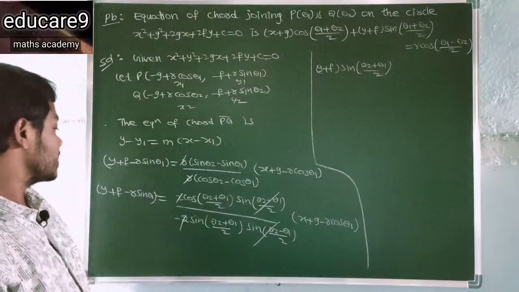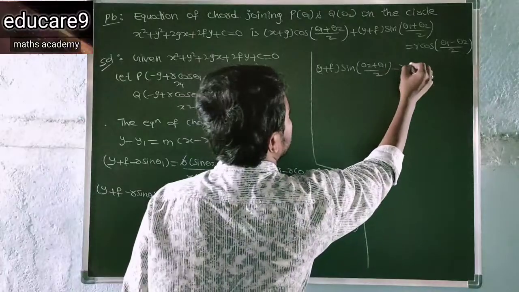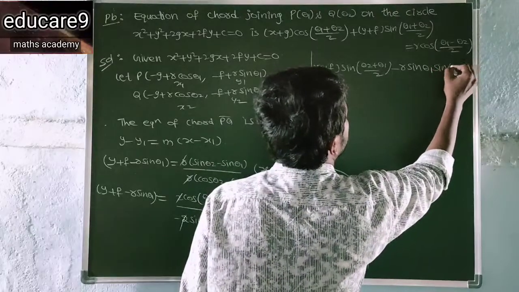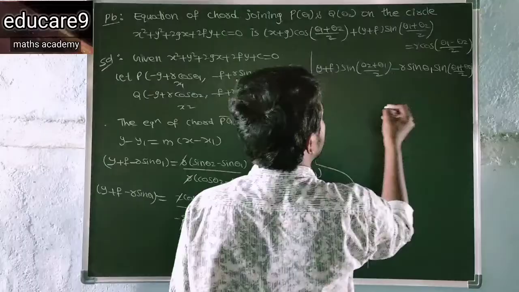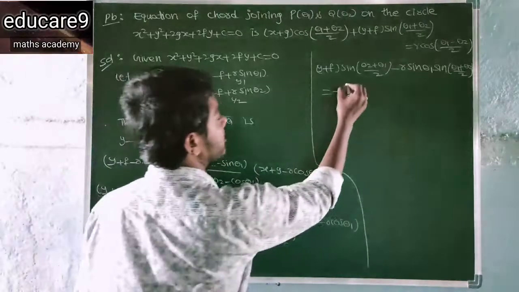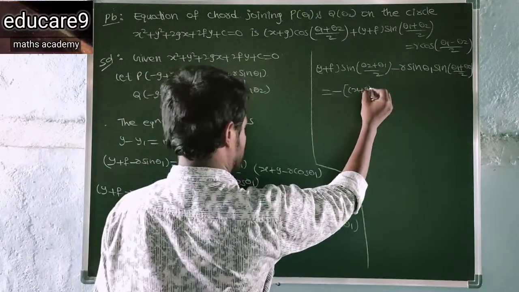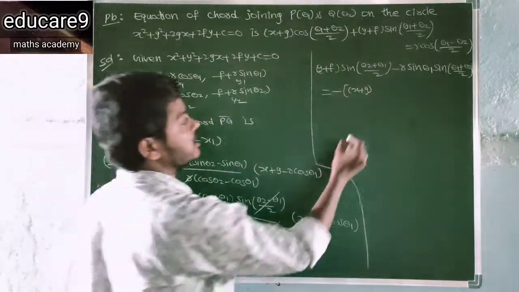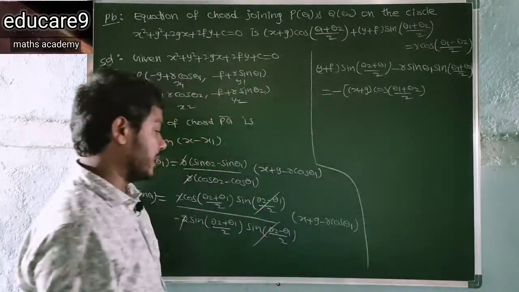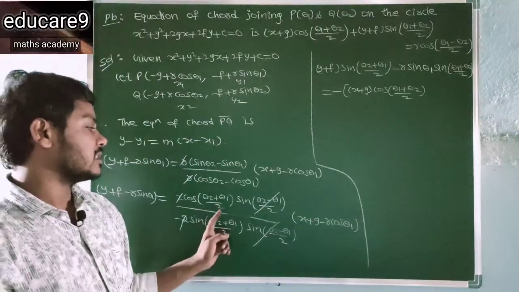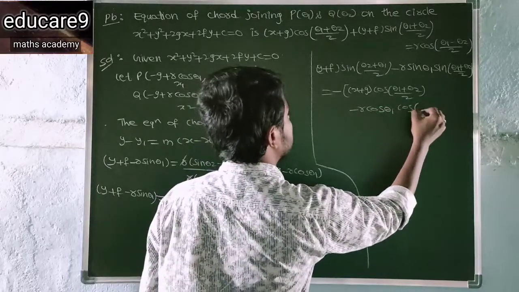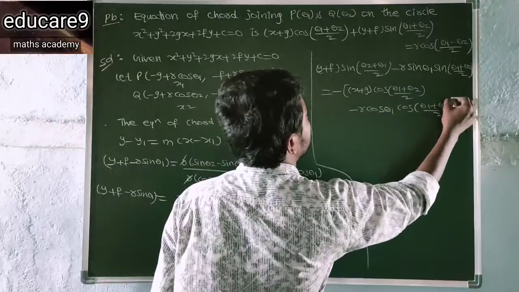Next, minus r sin theta 1 into sin of (theta 1 plus theta 2) by 2 is equal to minus of x plus g into cos of (theta 1 plus theta 2) by 2, next, minus r cos theta 1 into cos of (theta 1 plus theta 2) by 2.